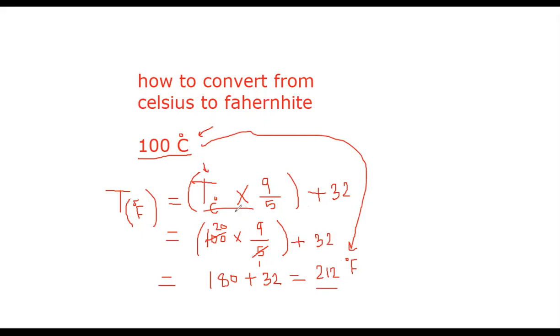You have to memorize this formula. I mean, if you want to change from Celsius to Fahrenheit, use this formula. Let's take another example. If the temperature in degrees Celsius is 0, how can we convert?